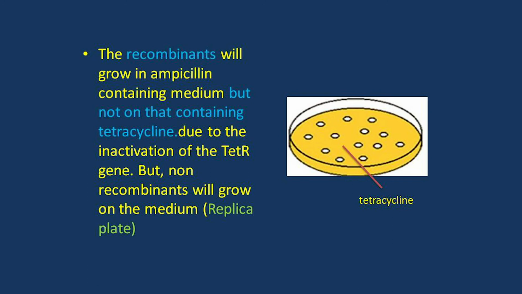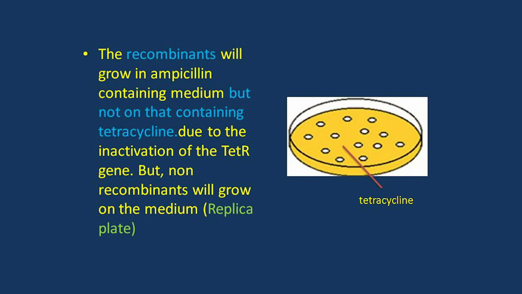On the tetracycline containing medium, recombinants will die because when the foreign gene is inserted inside the tetracycline resistance gene, that gene becomes inactive and it does not produce the enzyme that can break down tetracycline. So they will die on that medium. Those which survive on that medium are the non-recombinants.